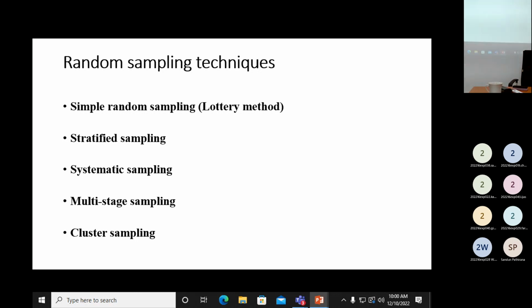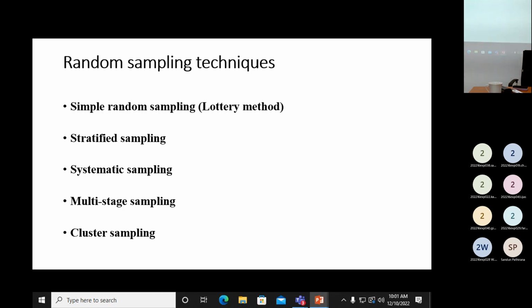Then next one, all the items of the selected areas are included into the sample. Therefore, you don't have to pay attention to the sample frame. When you select the Navy cluster, you don't have to identify the employee numbers of the Navy, because if you belong to the Navy, yes, you belong to that COVID-19 cluster.